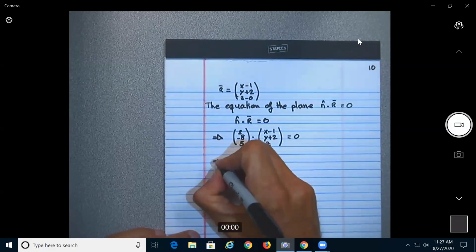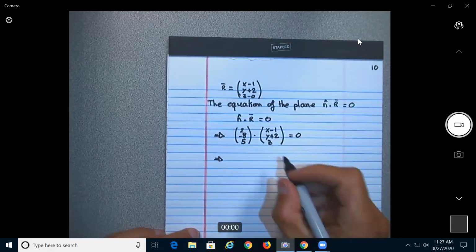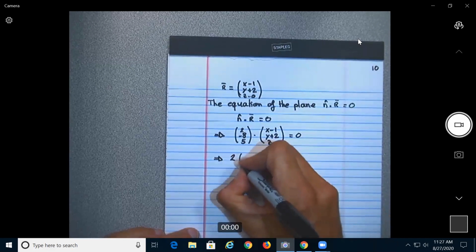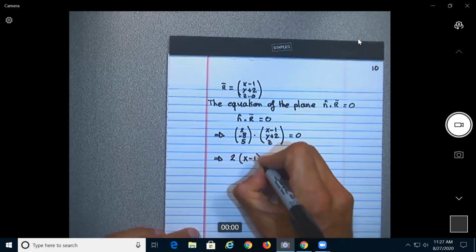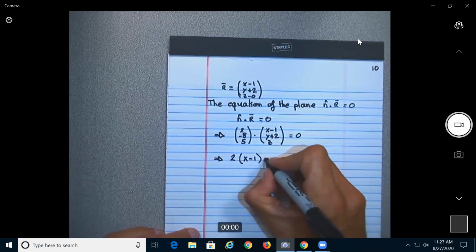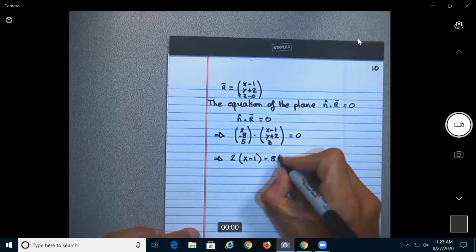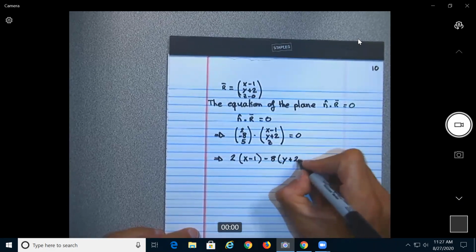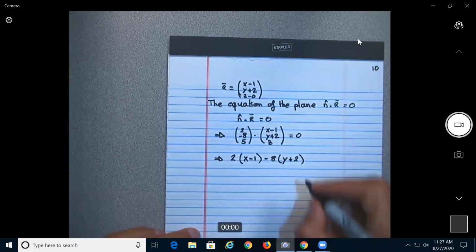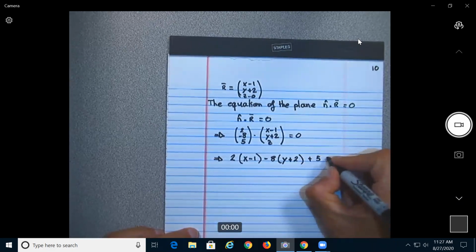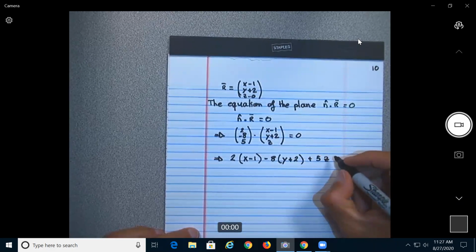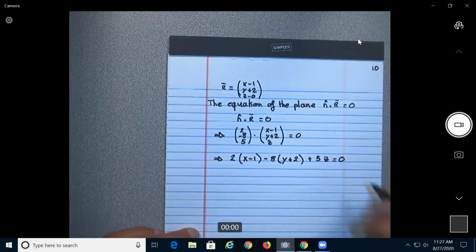So what is this? If you do the dot product, what are you going to get? You're going to get 2 times (x - 1) minus 8 times (y + 2) plus 5z.